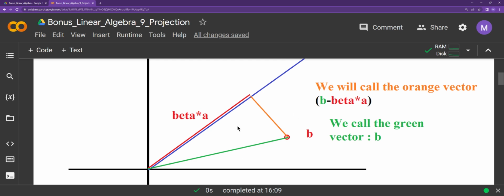Now from vector adding and subtracting, this orange vector you can easily get by subtracting this beta A from B. Okay, so that's how you do it when you want to add or subtract vectors. So vector B minus this vector beta A, the red vector, would yield the orange vector. Okay, so this is the basic vector addition and subtraction rule. All right.